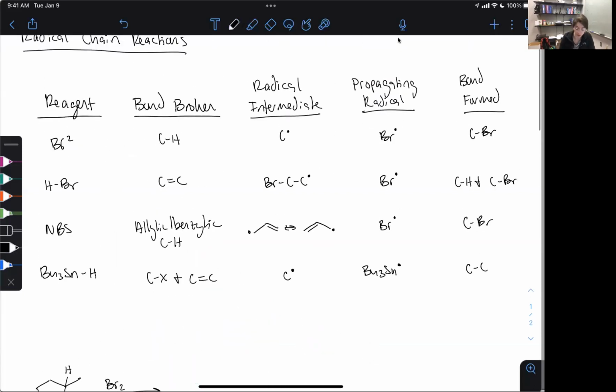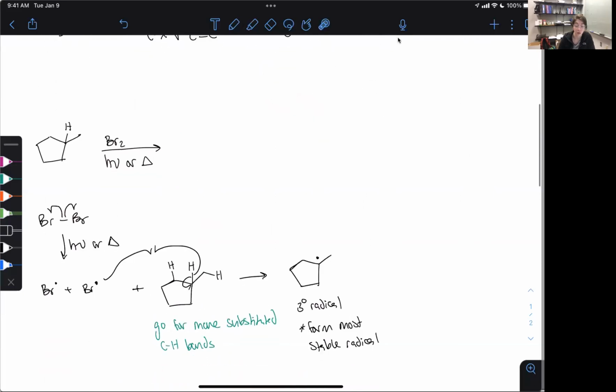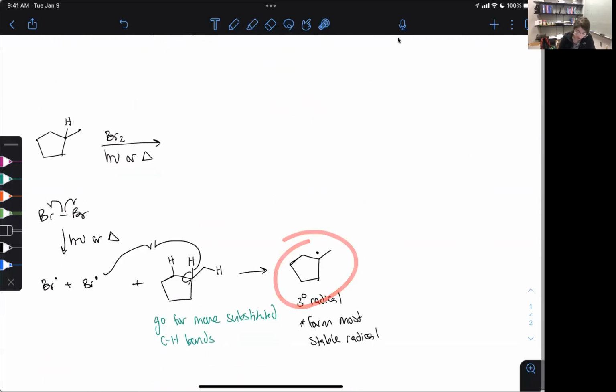So if we look up here, that radical intermediate, that's where we're at right now. We just broke that CH bond. So we've got our carbon radical, and now this step, so I guess I should label these. So this is the initiation step.